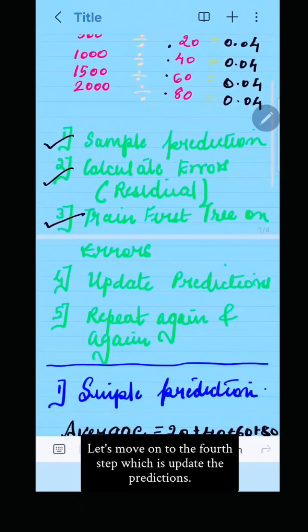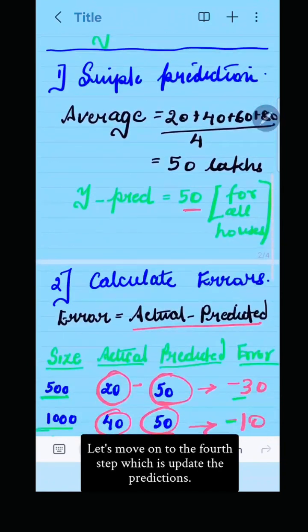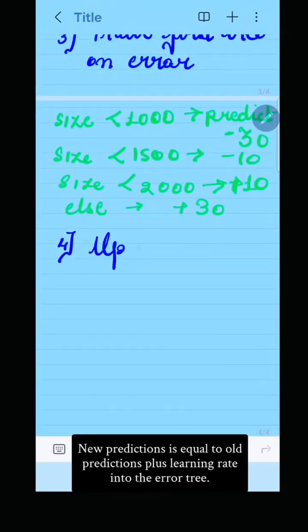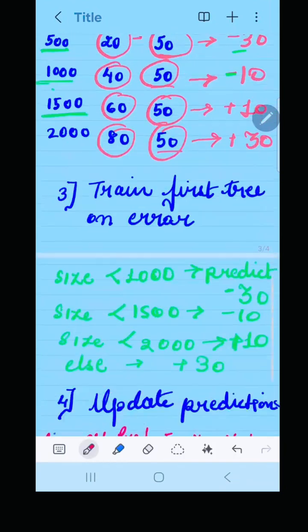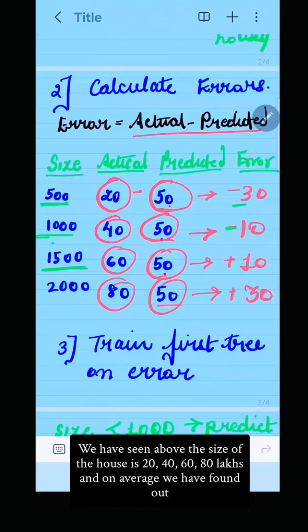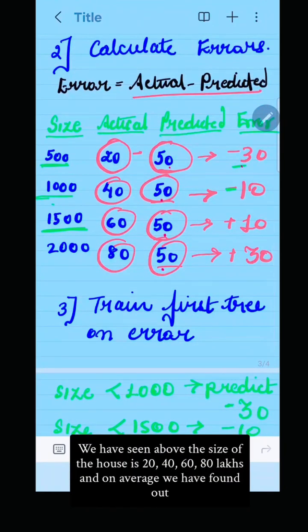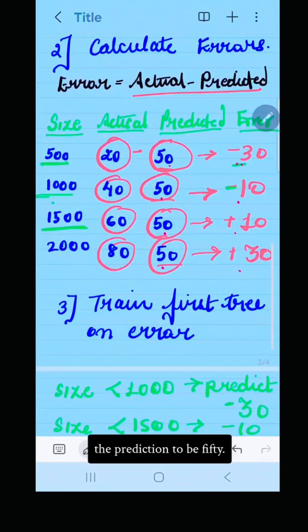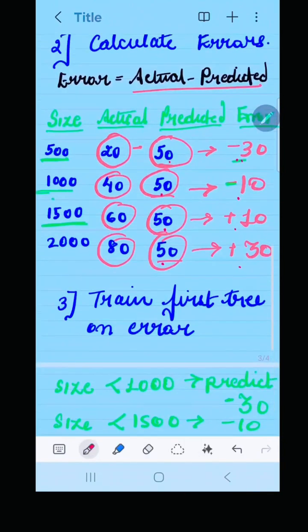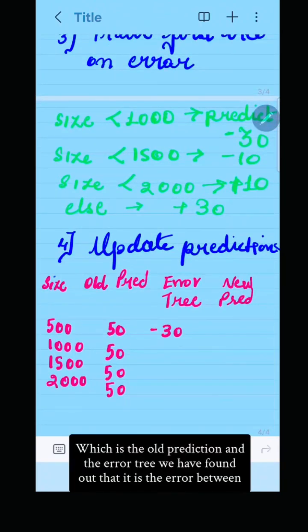Let's move on to the fourth step, which is update the predictions. New prediction is equal to old prediction plus learning rate into the error tree. Let's again write down the entire data set. We have seen the sizes of the houses, the prices 20, 40, 60, 80, and on average we have found the prediction to be 50, which is the old prediction.